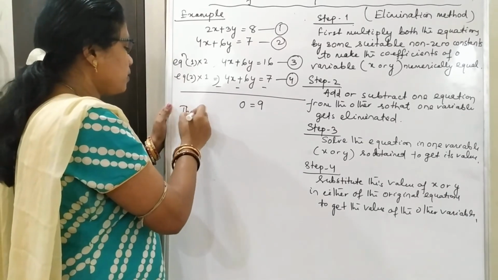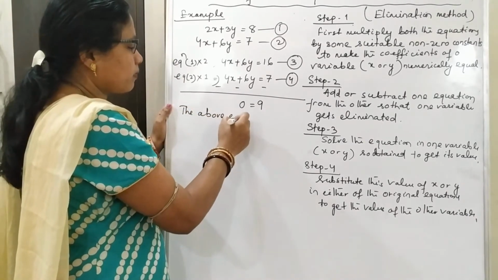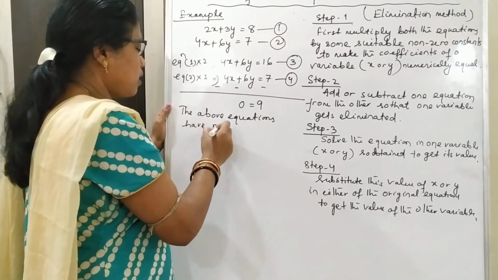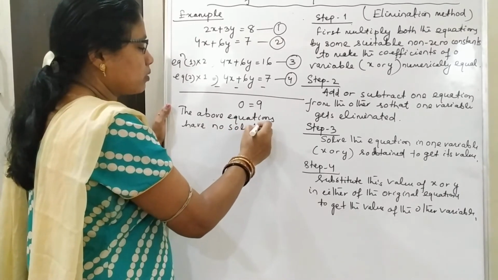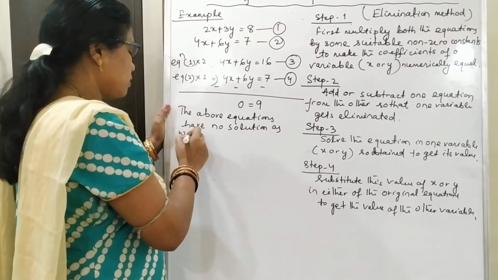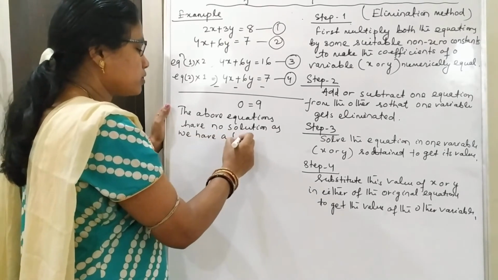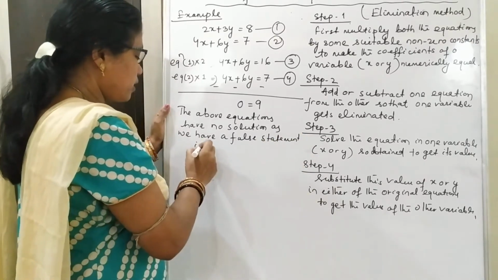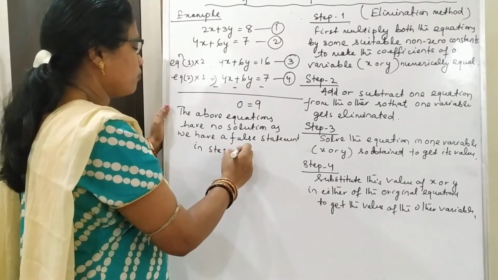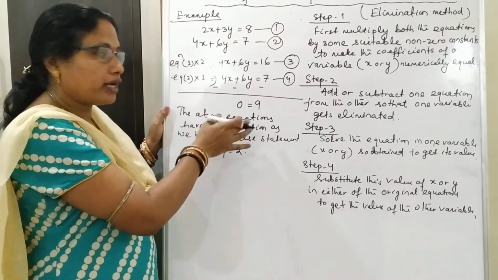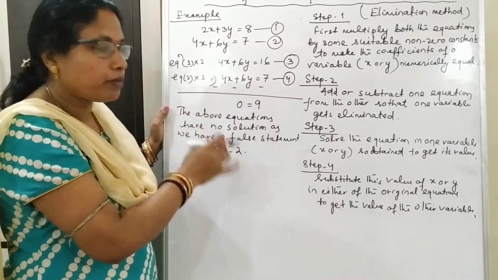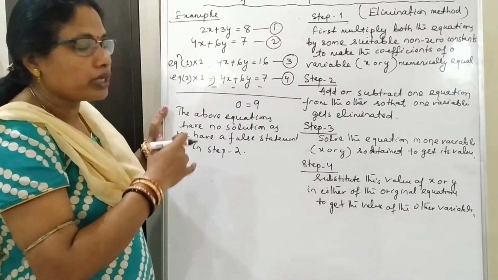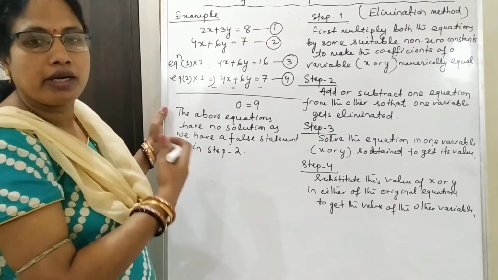So the above equations have no solution, as we have a false statement in step 2. So if we will get a true statement but no variable present in step 2, then it concludes that the two equations have infinitely many solutions.